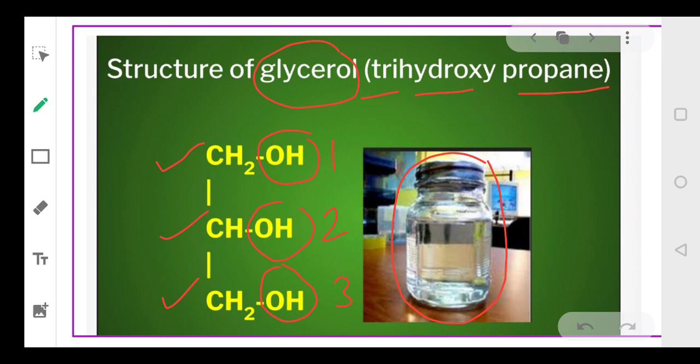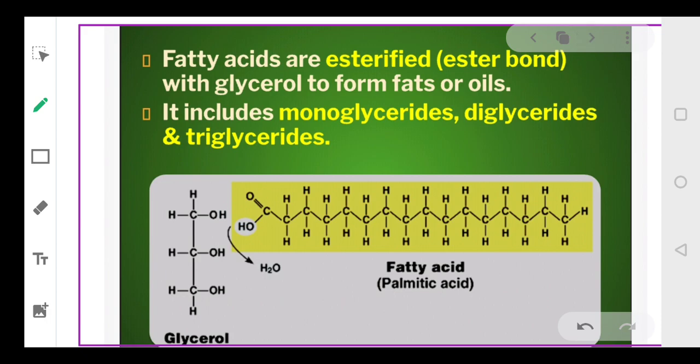Okay, everyone? So you will find that fatty acids are always esterified with glycerol. Means fatty acids join with glycerol to form your simple fats or oils. If you remember, I told you simple lipids are made up of two components, fatty acid and glycerol.